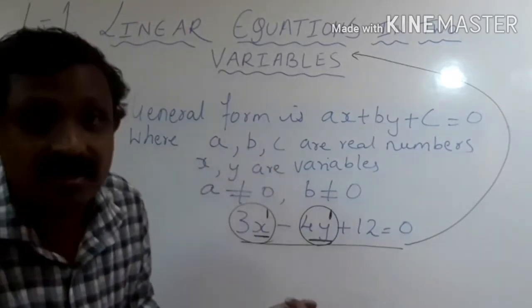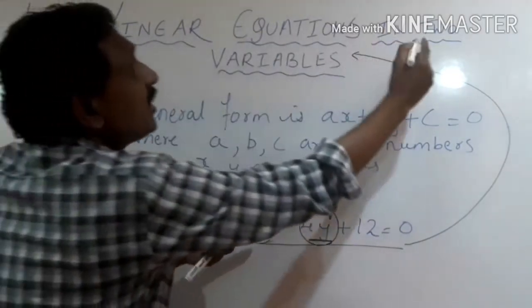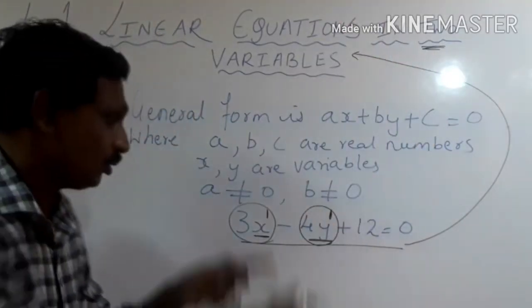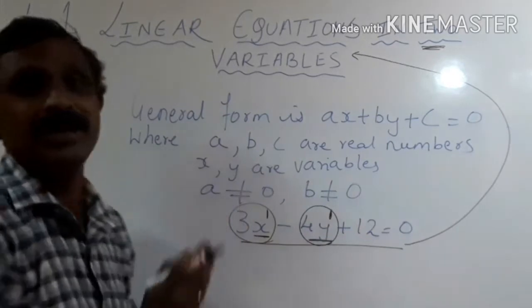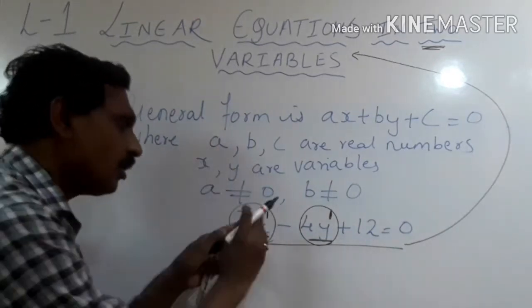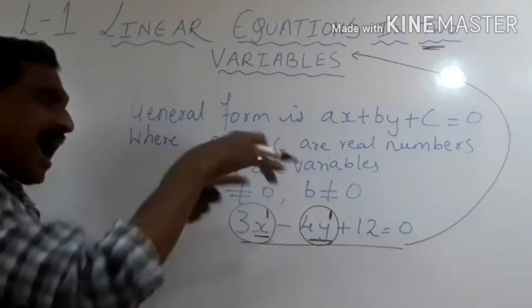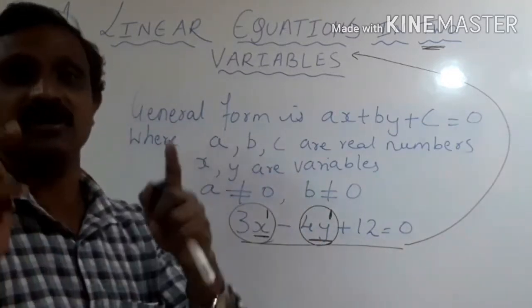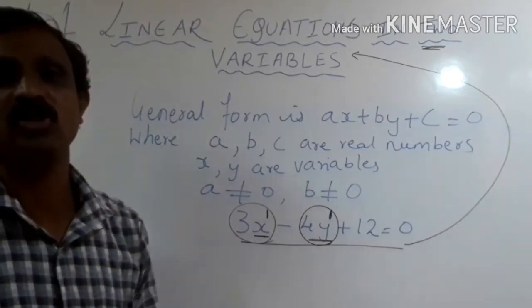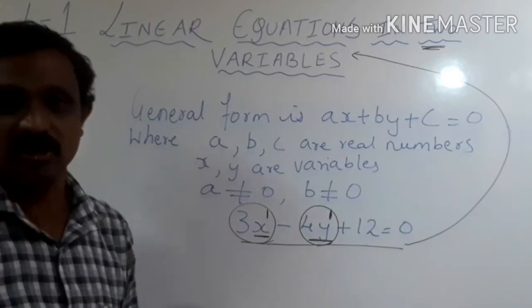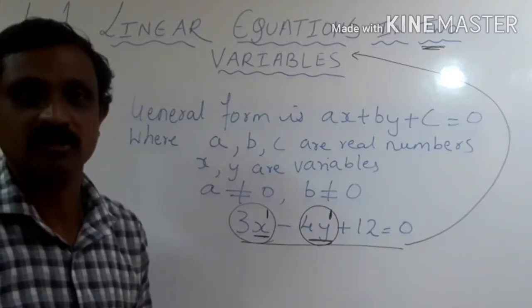But what we are studying is linear equation in two variables. So a cannot be 0, b cannot be 0. Such an equation where you have two variables and the degree of each term containing the variable is 1 is called a linear equation in two variables.